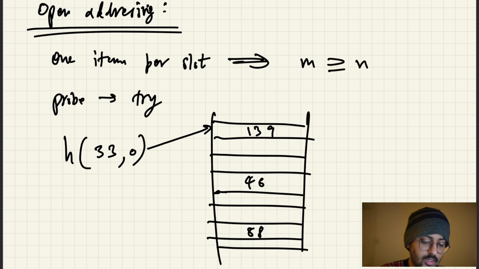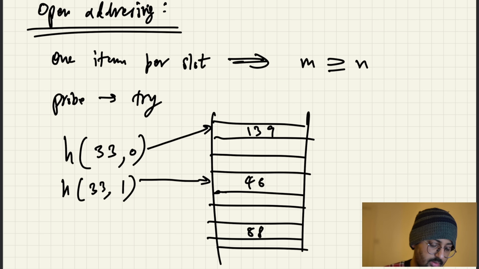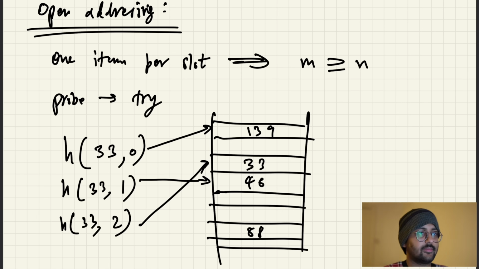It's already occupied, so try again on the second try. Now it's pointing to this, and this is also occupied. Insert 33 on the third try. It points to this index, and this is empty. I will add 33 over here.